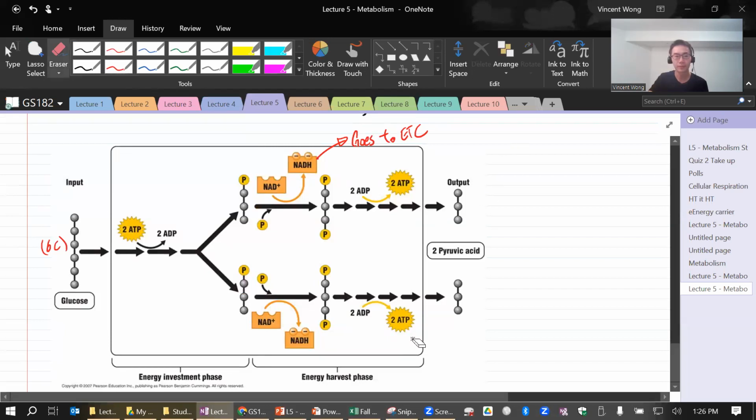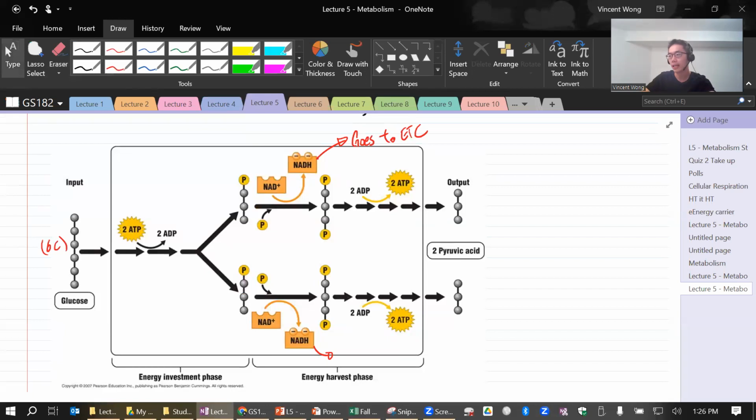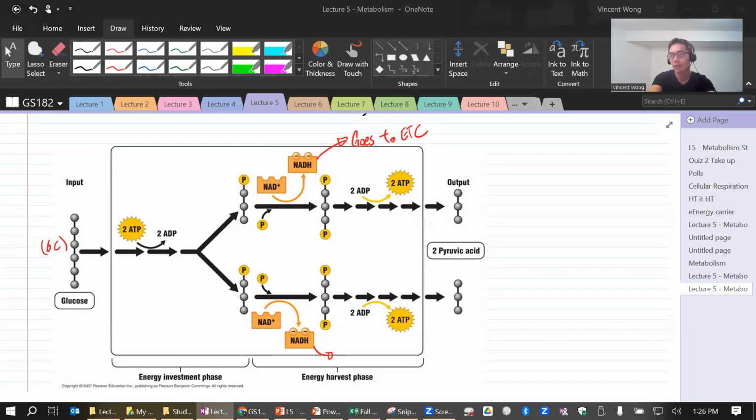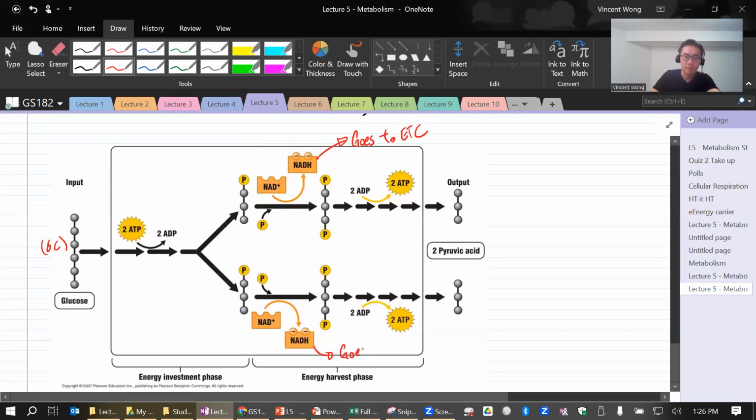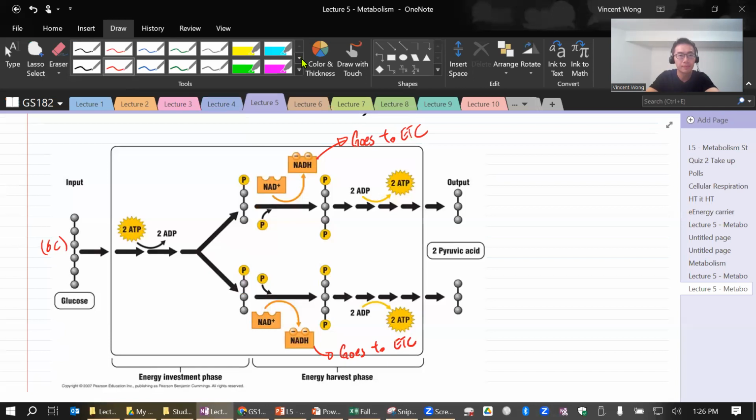Same thing over here, it will go to the ETC. And then we'll produce some ATP.